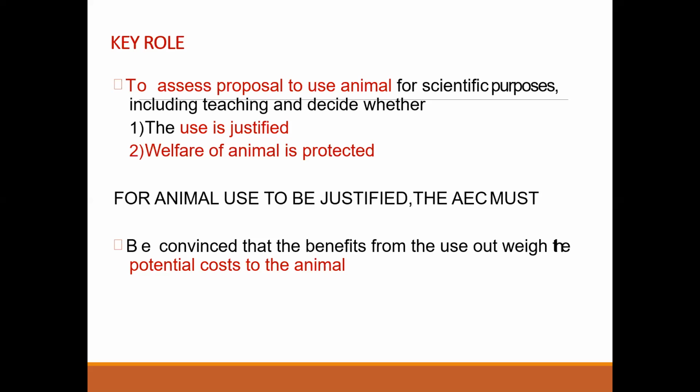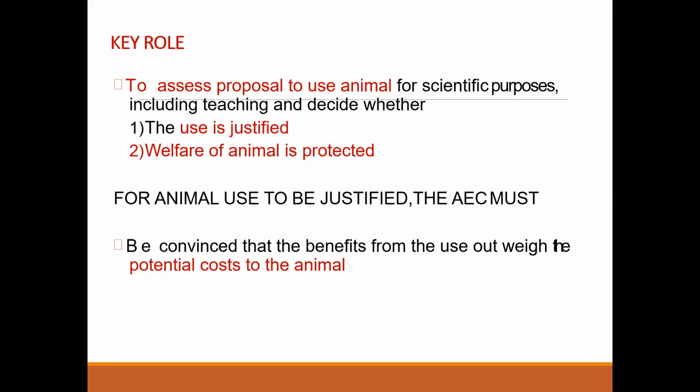So the welfare of the animals is protected. The well-being of the animals is the main purpose behind this and is the main key role. Then the committee must be convinced of the benefits from the use against the potential cost to the animal. The animal used should bring benefits to the research, but some cost is also incurred during the experimentation.